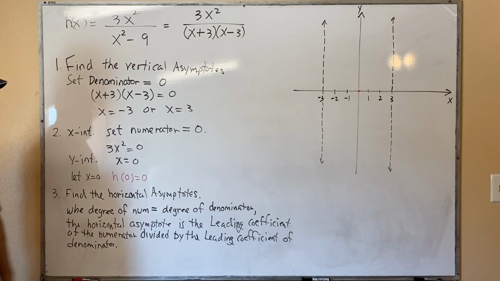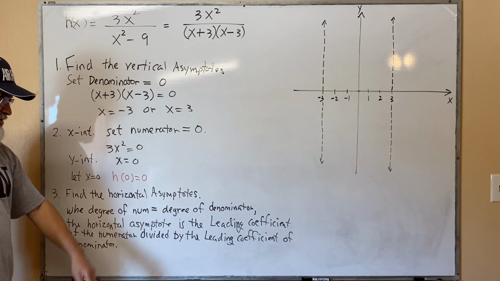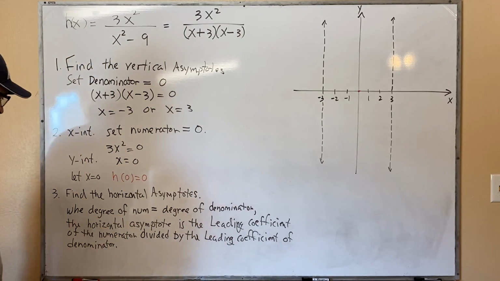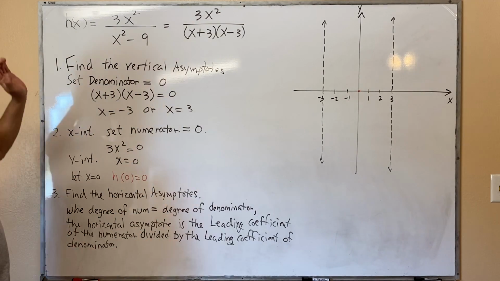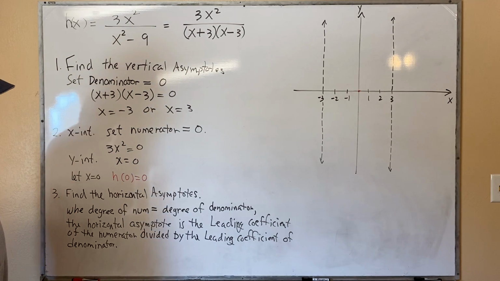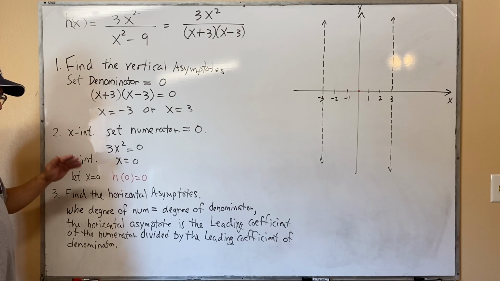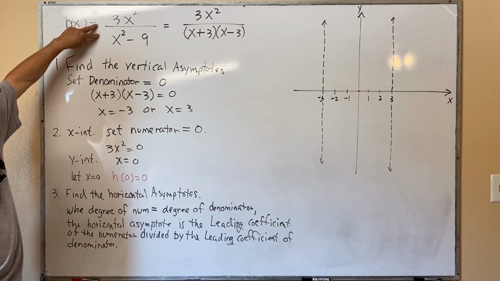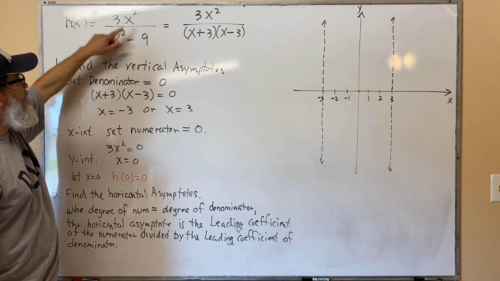Here we found the vertical asymptotes. To find the vertical asymptotes, we said denominator equals 0. To find the horizontal asymptote, we look at the degree of the numerator and the degree of the denominator. If the degree of the numerator is less than the degree of the denominator, the horizontal asymptote is the x-axis. But that's not the case here. Degree of 2, degree of 2. They're the same.